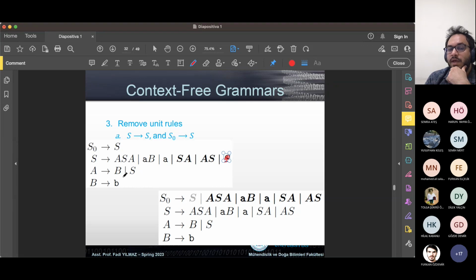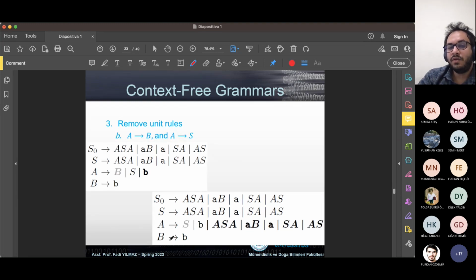If I need to remove S0 to S, I have to put these rules here because these are the possibilities: S0 must be followed by S, and S must be followed by one of these. So I need to copy everything here to the S0 side. Then I can delete this.